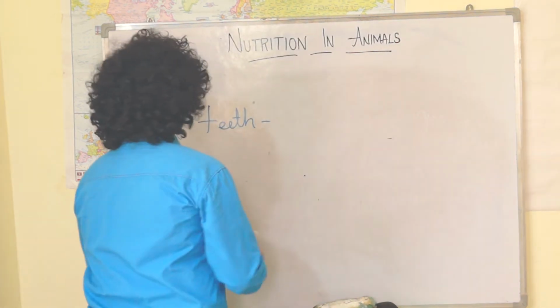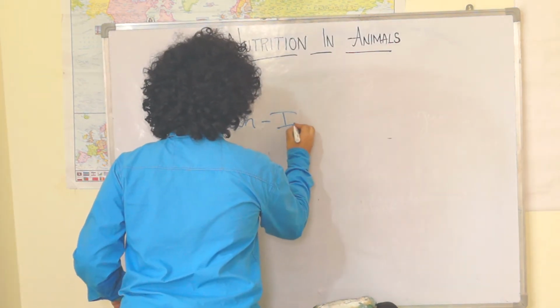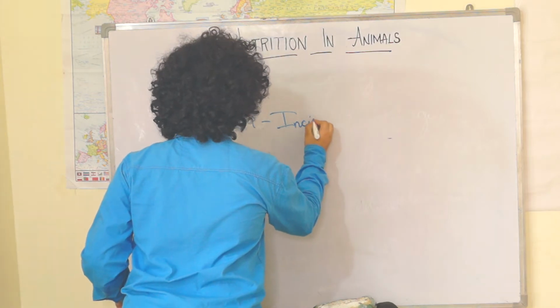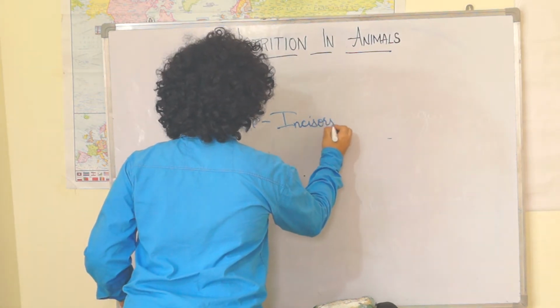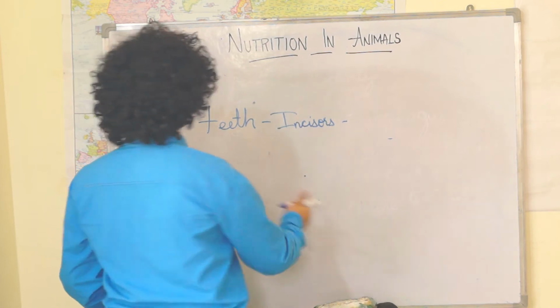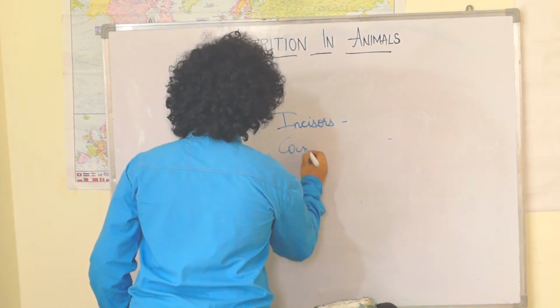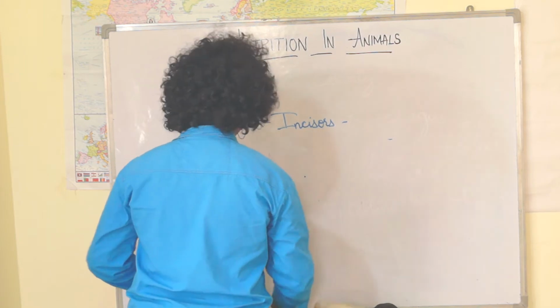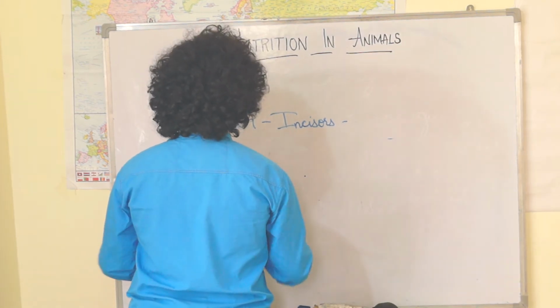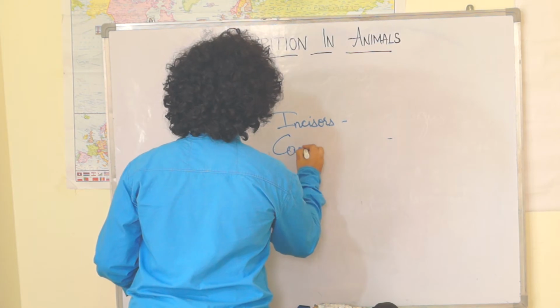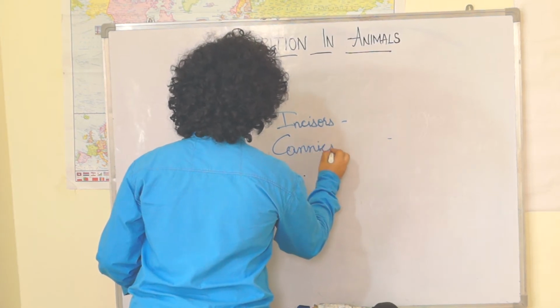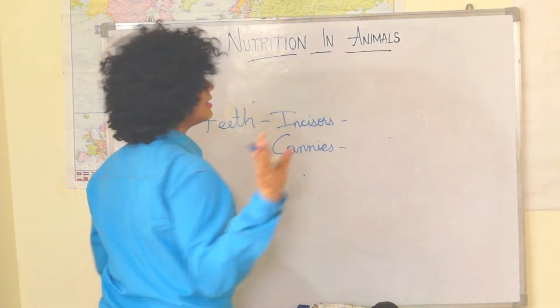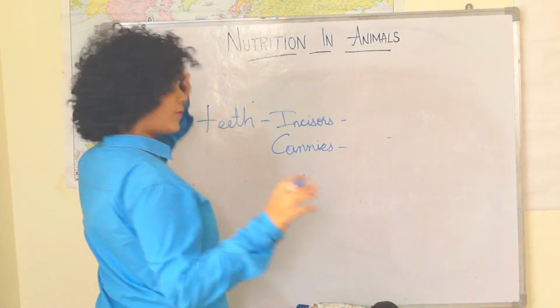So the teeth are, first of all, incisors, and the second one is canines, and the third one is premolars.